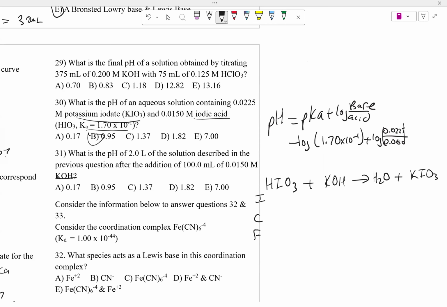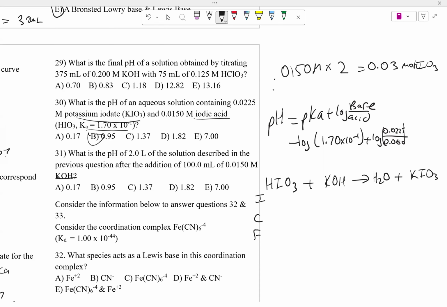I stands for initial moles, so we have to solve for the moles. For iodic acid, it's 0.0150 molarity times 2, so that's 0.03 moles of HIO3.